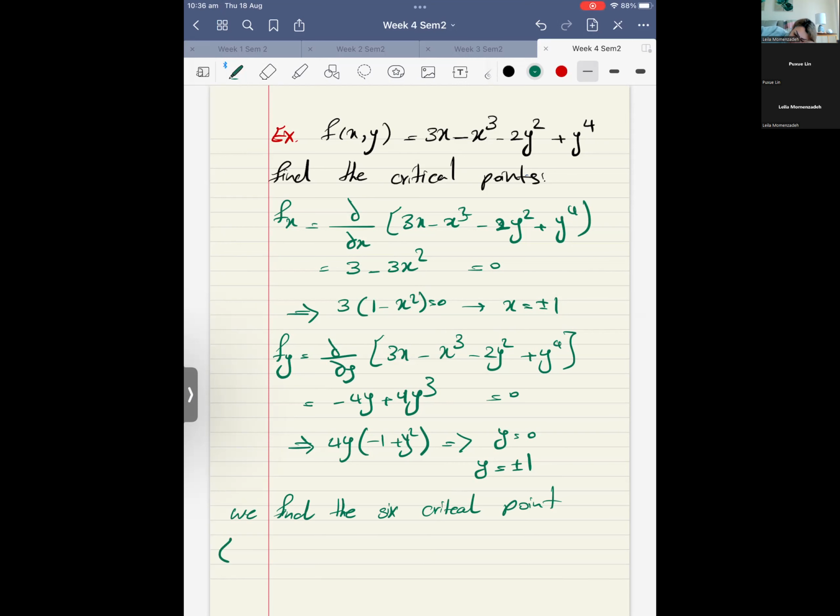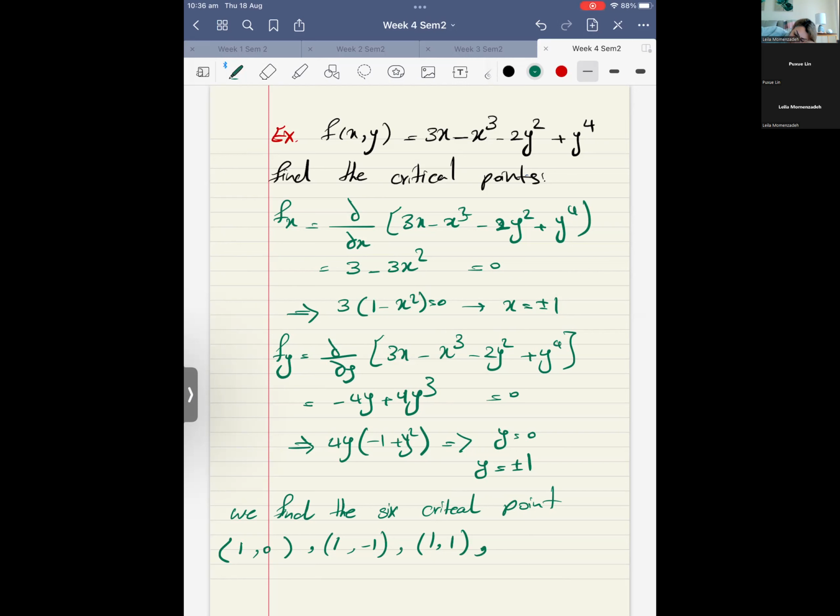You have x equal 1 with 0, 1 with minus 1, and 1 with 1.